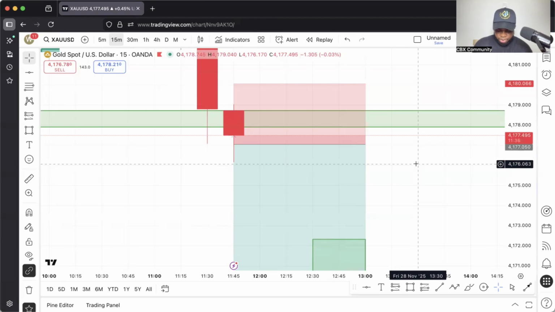So I've taken a sell position. Stop loss is at 418.06. So I've set my stop loss.